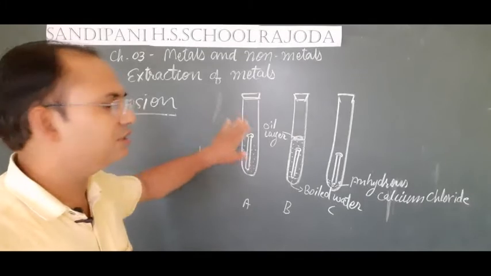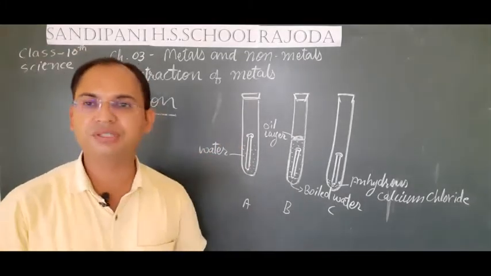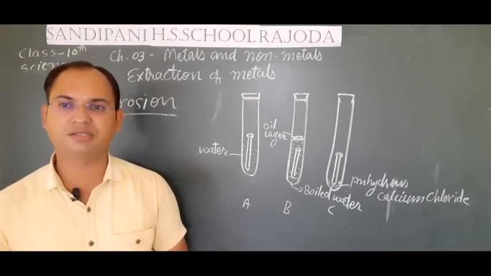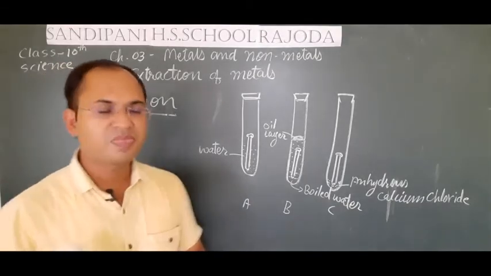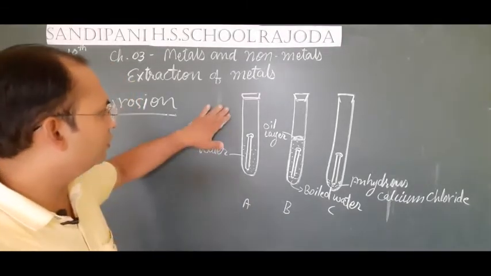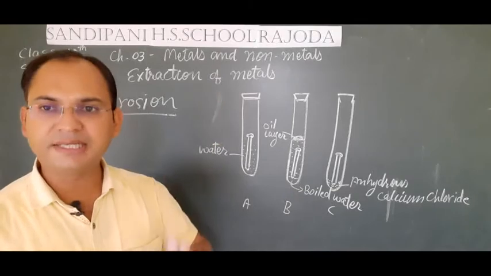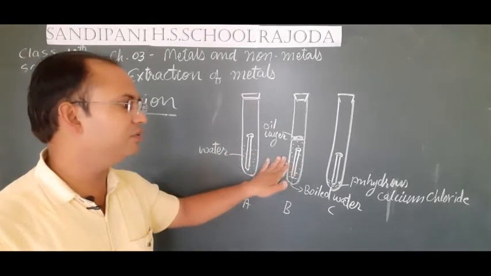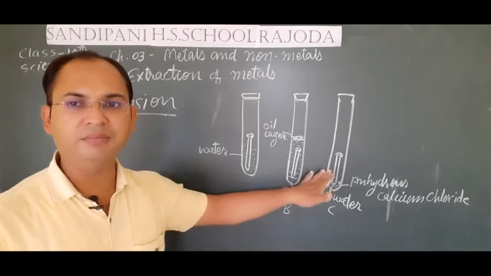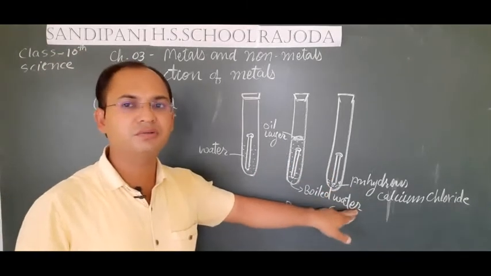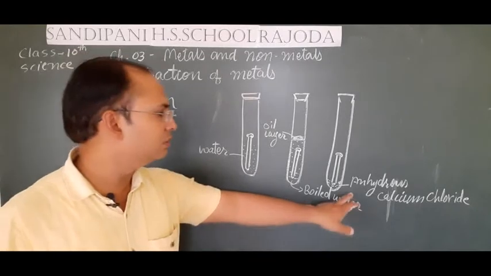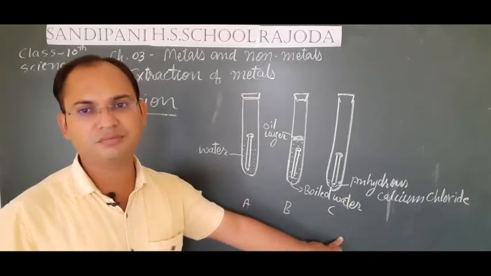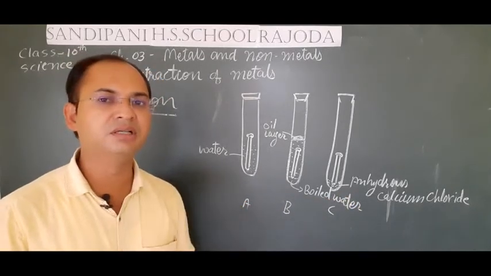Students, this is the setup for the experiment to show the necessary conditions for rusting of iron. In this setup, we have taken 3 test tubes, of which 2 are filled with water and 1 is empty, and anhydrous calcium chloride is put in the bottom of the 3rd test tube, that is test tube C. We label them A, B and C.